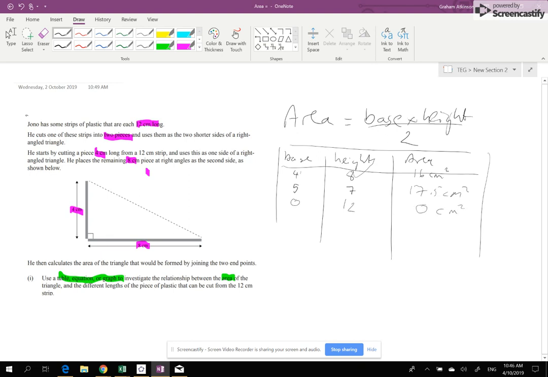Or maybe writing all these centimeters squared at the bottom here isn't a very sensible way of going. So let's just rub that out a second and write cm squared up there.